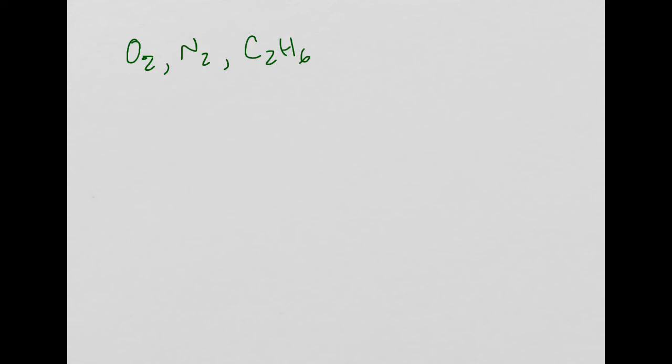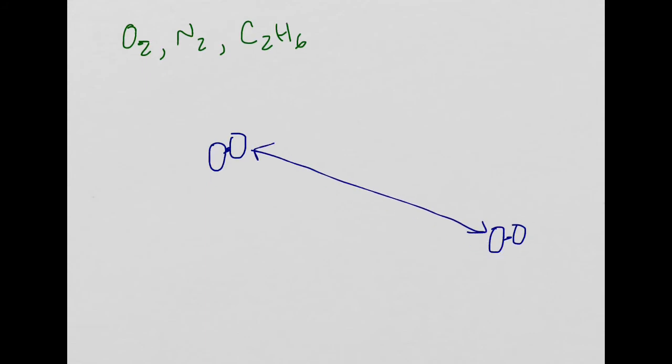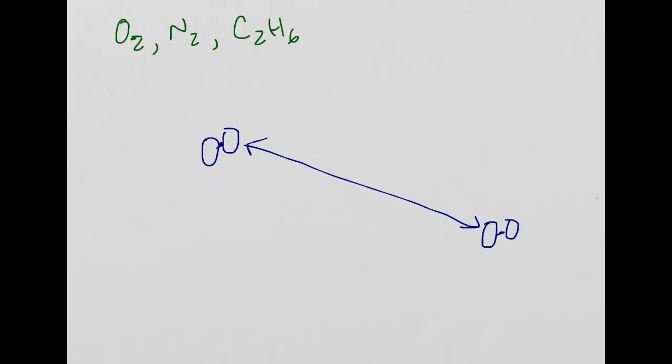So for example, let's say we have oxygen gas right here. We have 2 oxygen atoms that are connected to each other. Well, the next molecule of oxygen may be way over here. And there's such a huge gap that if I had a really big molecule, let's say I instead had C2H6, with 2 carbons hanging out, and then hydrogen, hydrogen, hydrogen, hydrogen, hydrogen, hydrogen. Notice that's a much bigger molecule than the oxygen.